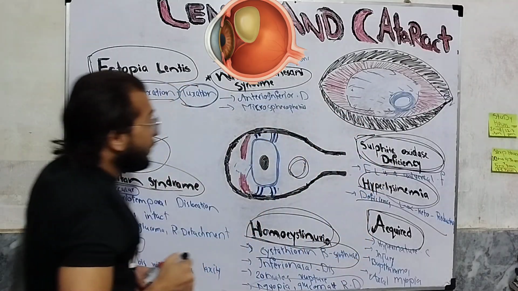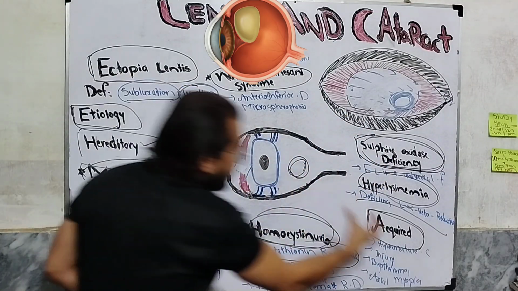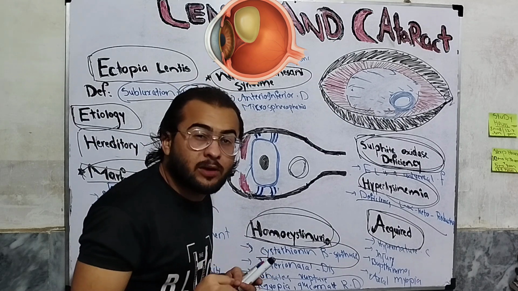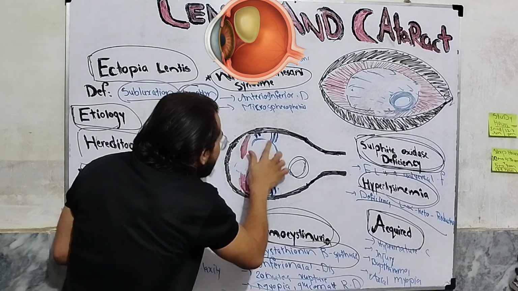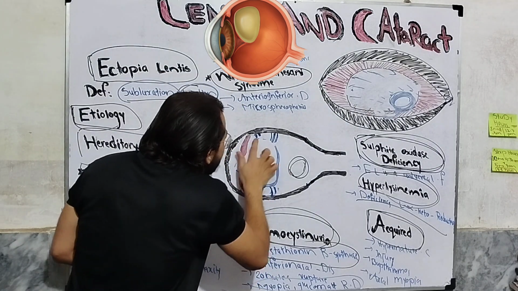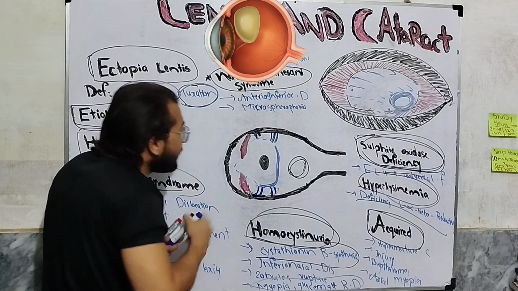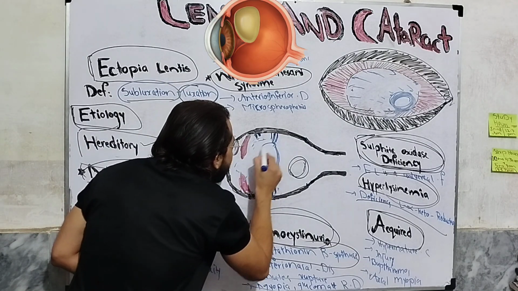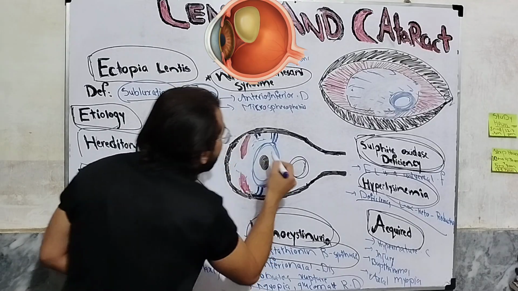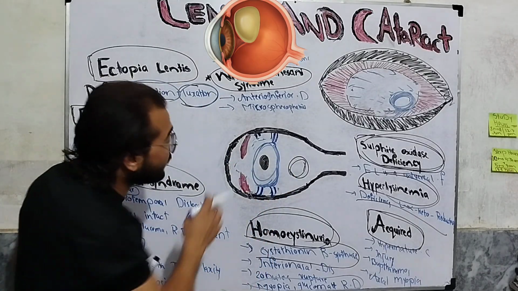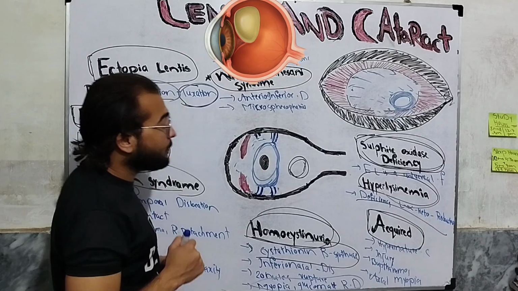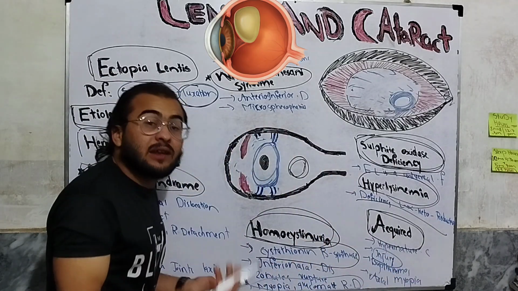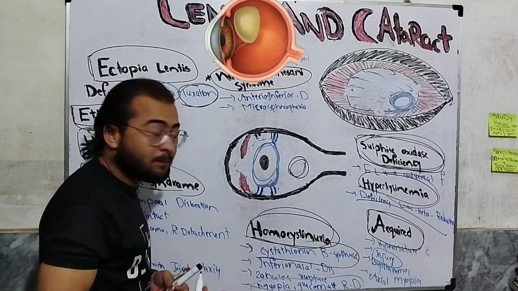Now we can have acquired conditions. As we previously discussed in hypermature cataract, the lens shrinks. Its size will be reduced, and due to this reduction of size, it can dislocate into the anterior chamber and posterior chamber. Injuries in the acquired cases can also cause dislocation of the lens.